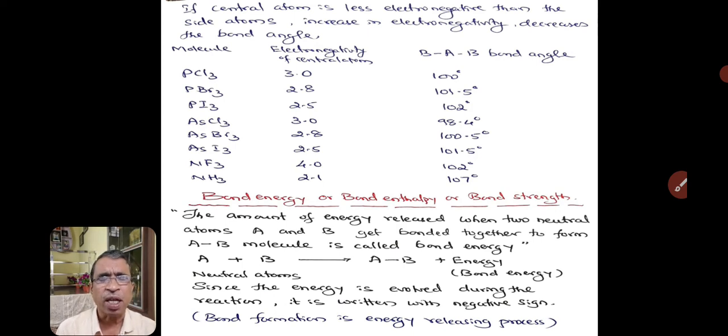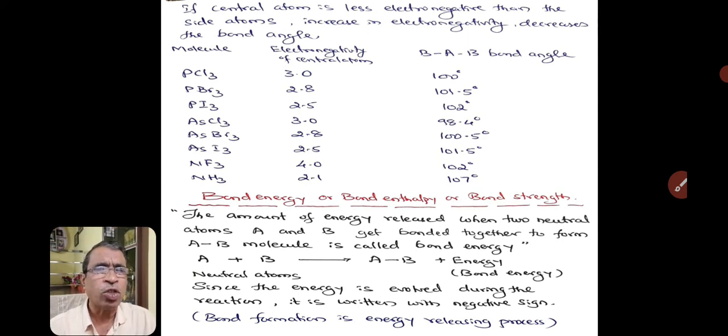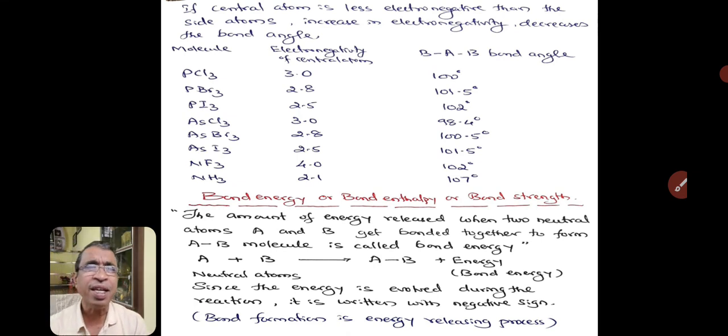Suppose a neutral atom A comes in contact with an atom B and results in a covalent bond between the two, the energy is released. It means bond formation is an energy releasing process because the molecule is more stable than the respective reactants.